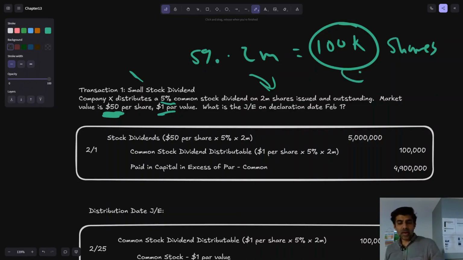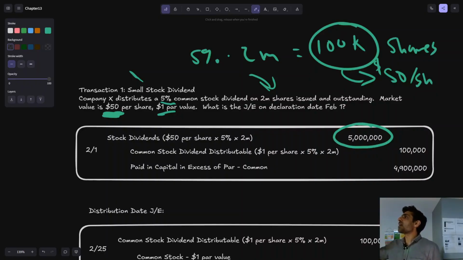So we can directly ascribe a value to these 100,000 shares. It's just going to be 100,000 shares times $50 per share, and that gives us $5 million. So we're basically issuing $5 million worth of new shares based on the current value of the stock.